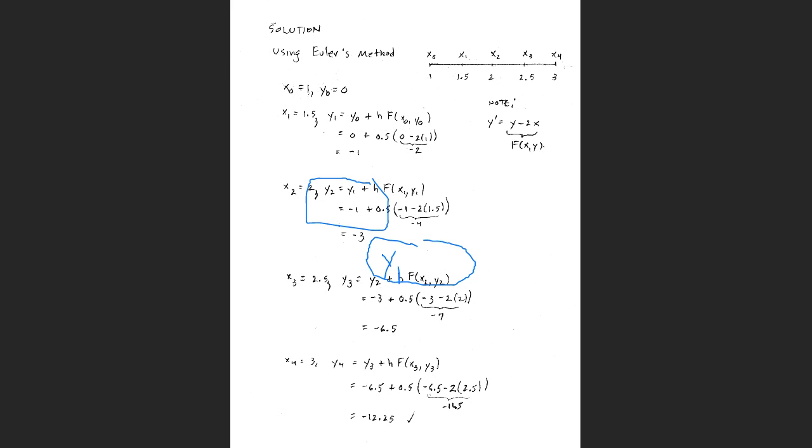What would the next coordinate be for my approximate solution? What's the next coordinate? 2, negative 3. That's right, Tyreek. 2, negative 3. What's the next coordinate?